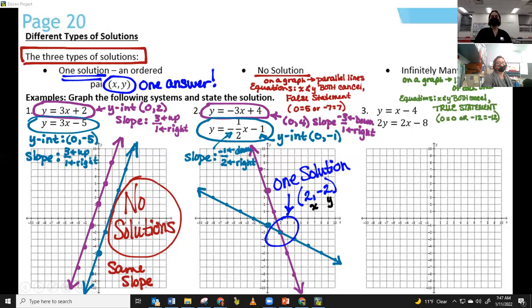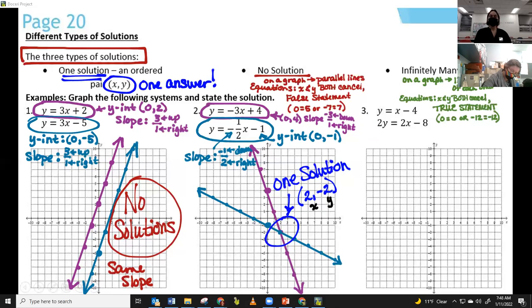All right, last one with the graphing. y equals x minus 4. What's my slope on that top one? I know the -4 is my y-intercept, but what's my slope? Awesome, that's absolutely correct, Genesis. Soraya, yes.